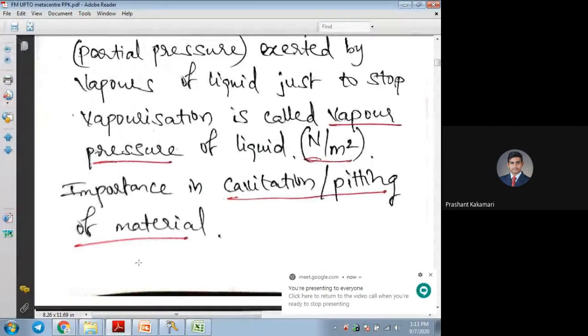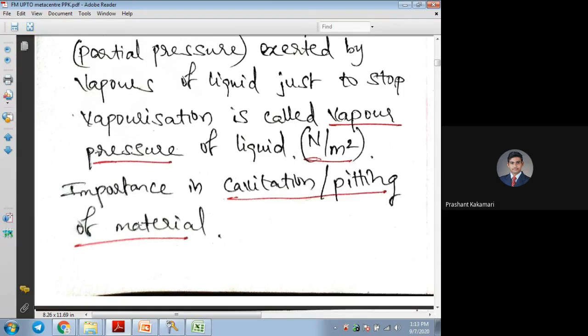Why we need to study vapor pressure is that whenever fluid is flowing in enclosed channels, suddenly the liquid at high temperatures may start evaporating. In such situations, in chemical industries, steam power plants, and water pipelines, we have liquid as well as gas flowing.